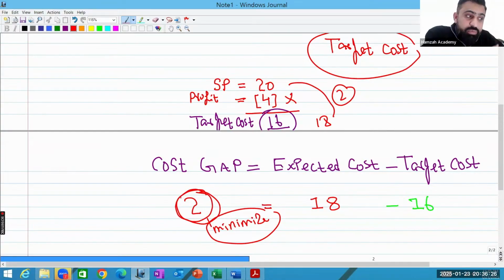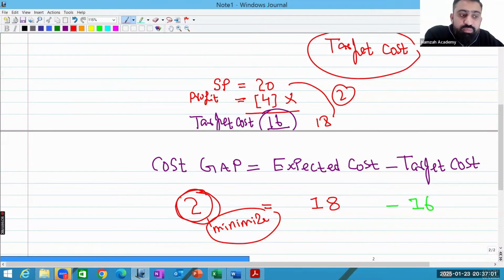For example, you may have to renegotiate with your supplier of raw materials over the price of the raw material, that the raw material price should be reduced. So if you get a discount on a raw material price, then you can minimize the cost gap. You have to reconsider the designing of the product, and you have to remove the features from the product which are not value addition.